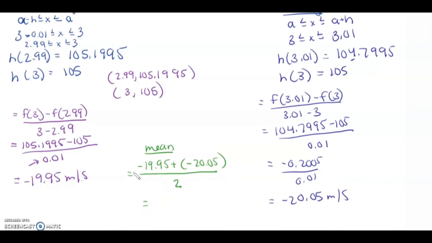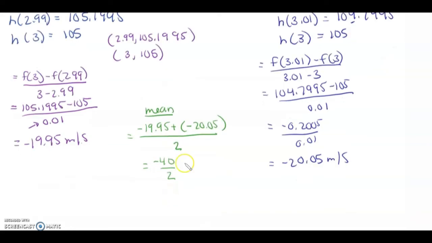Putting that into our calculator, I get negative 40 divided by 2. I just wanted to check that I was right. And I get negative 20 meters per second. So, therefore, the IROC at x equals 3 is negative 20 meters per second.